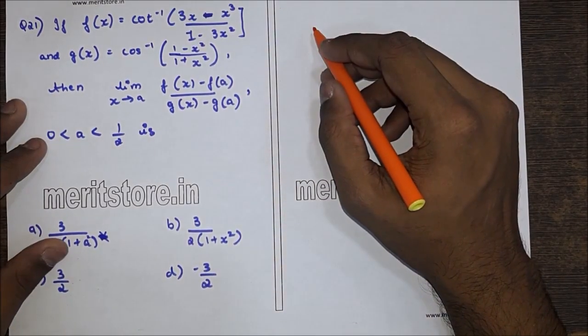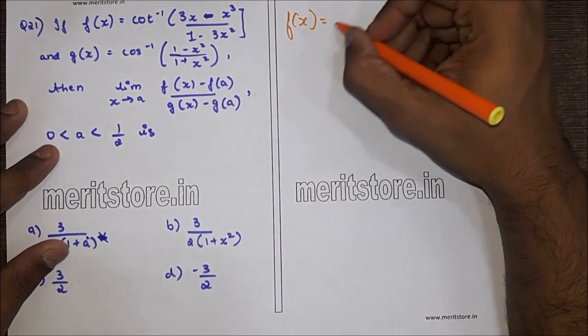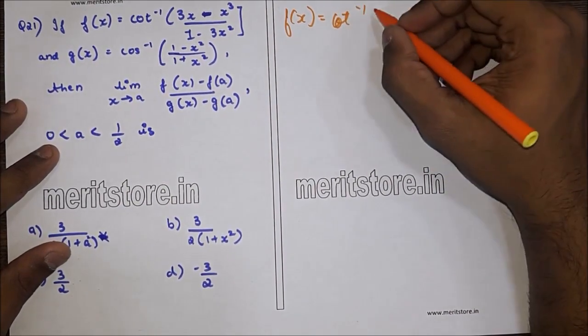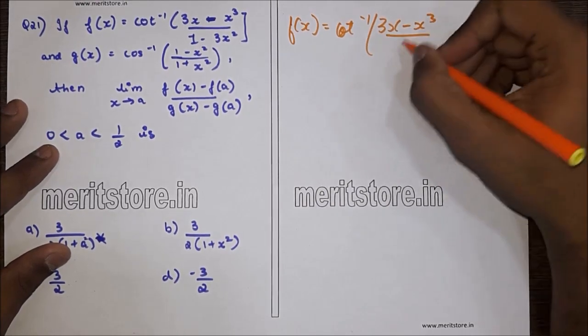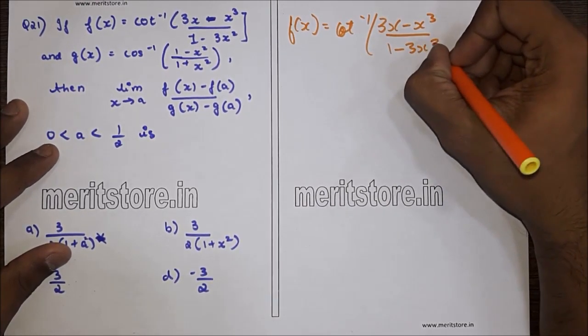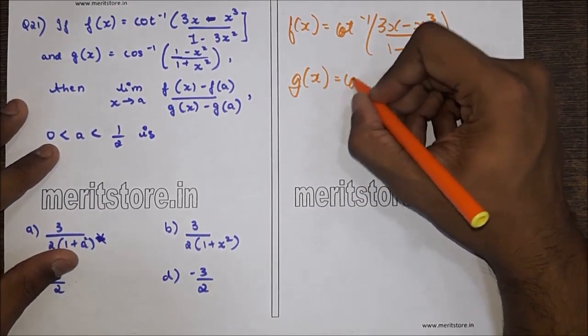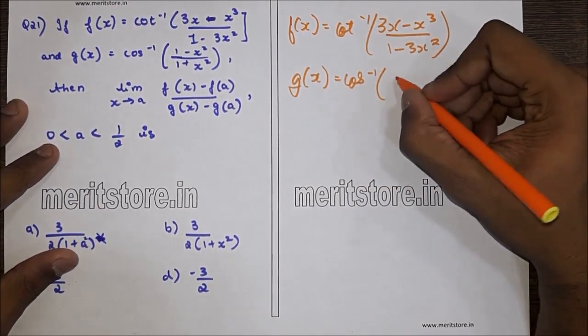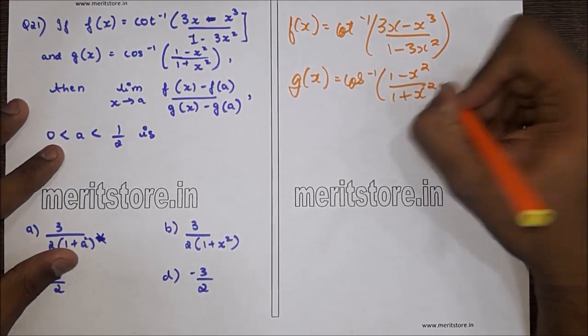So first we could write f of x is equal to cot inverse of 3x minus x cube by 1 minus 3x square, and g of x as cos inverse of 1 minus x square upon 1 plus x square.